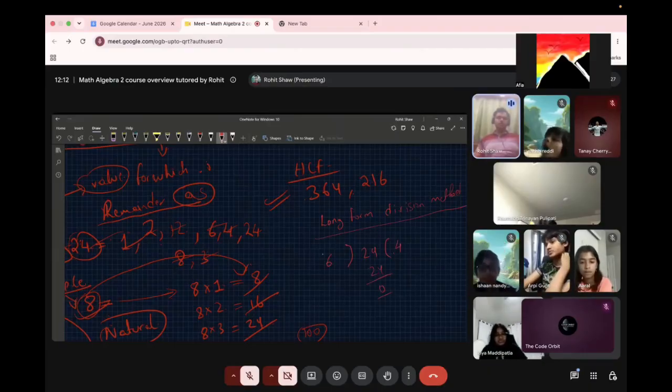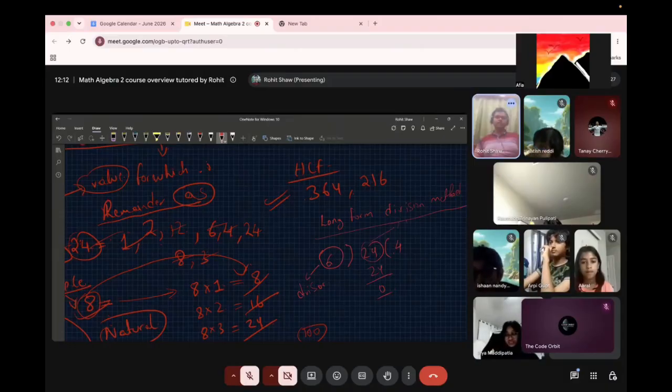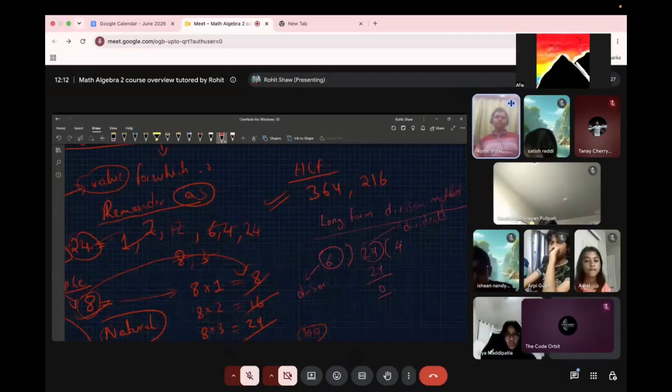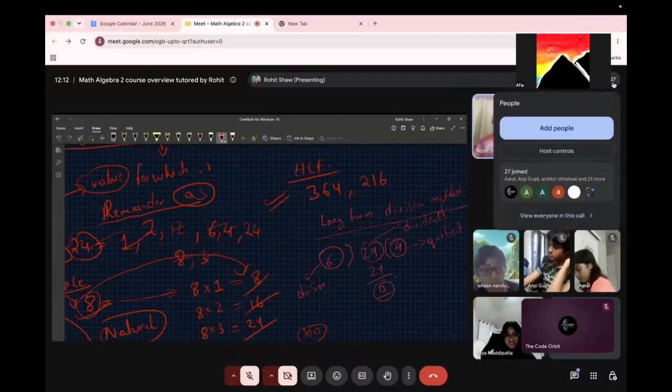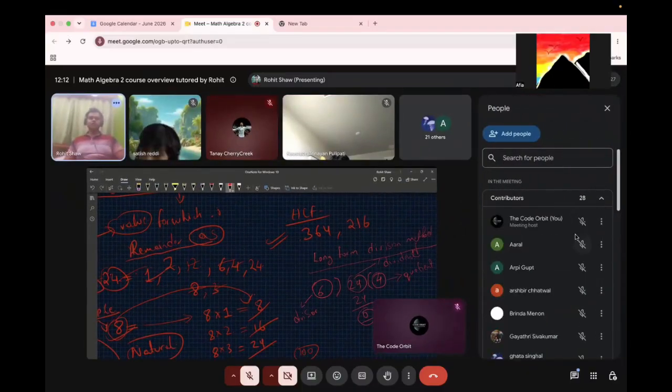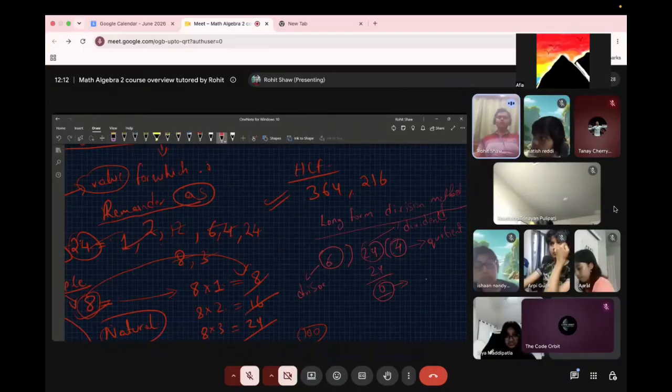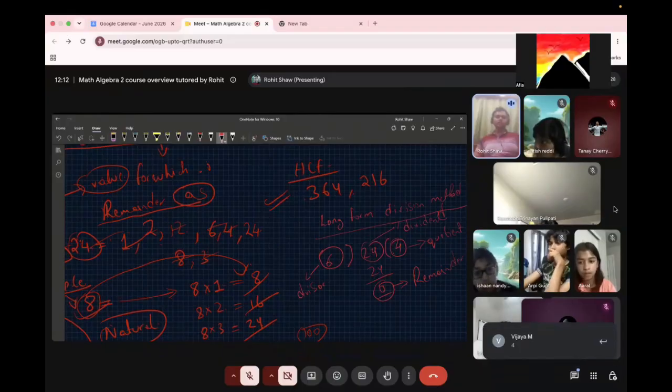This is called the divisor. This is called the dividend, and this is called the quotient. You can say it according to your dialect; I am telling it the way we used to. This is called the remainder. 6 fours are 24.